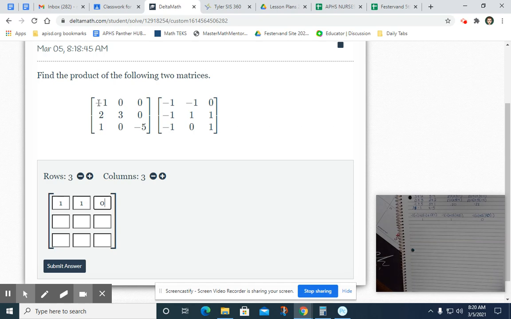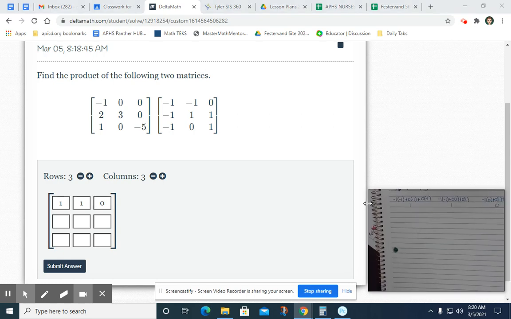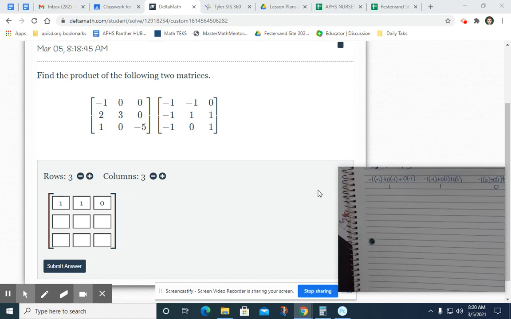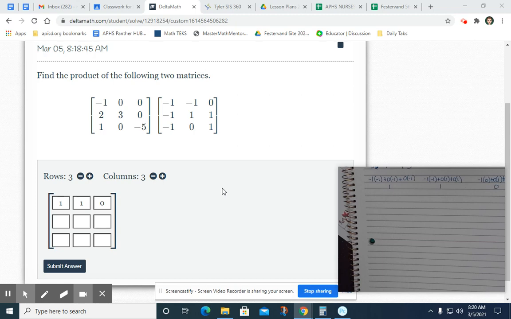So if you look down here, I took negative 1 times a negative 1, and then 0 times negative 1, 0 times negative 1, and added those three products, which gave me a 1.